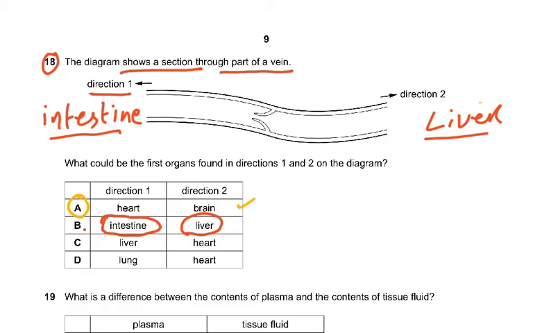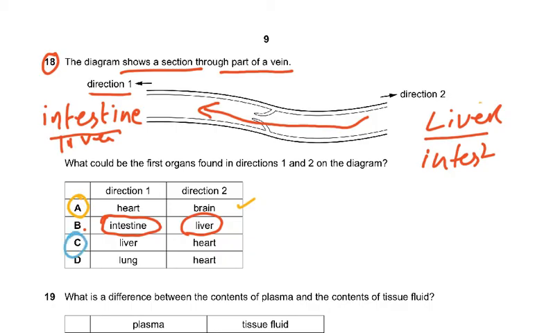If they had said in direction 2 intestine, and direction 1 liver, then it would have been correct, because the intestine and the liver are connected by the hepatic portal vein. That is a vein. So if intestine was written here and liver here, then this answer would have been correct.